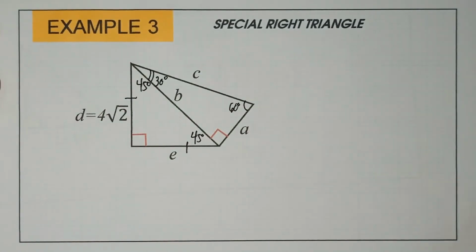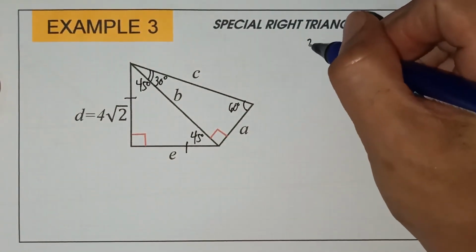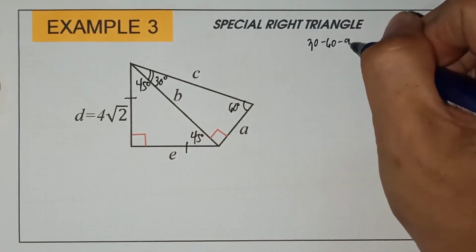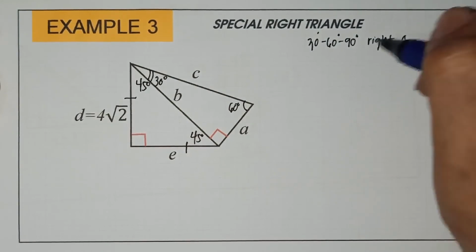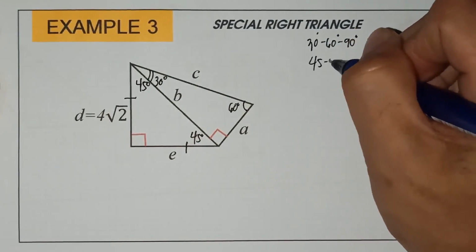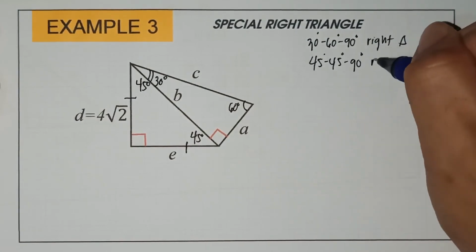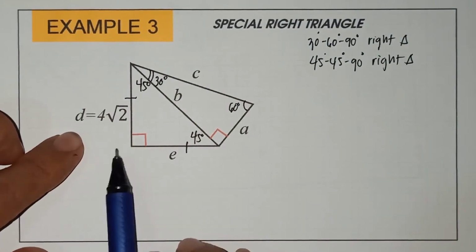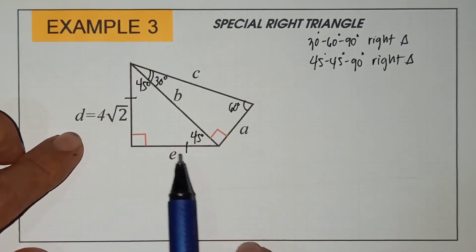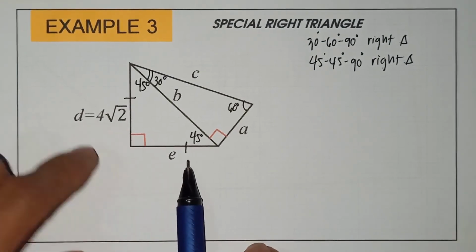For this example, number 3, this is a combination of a 30, 60, 90 right triangle and a 45, 45, 90 degrees right triangle. As you can see, one of the legs here is 4 square root of 2 and E is missing, and the two are equal.